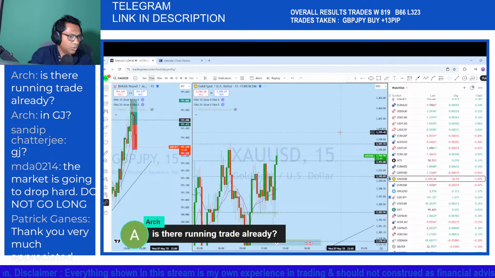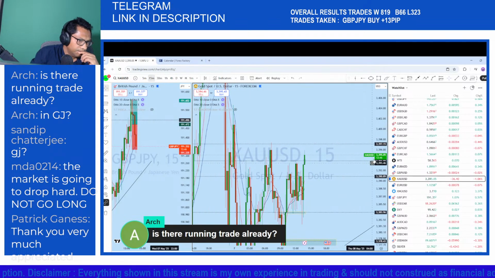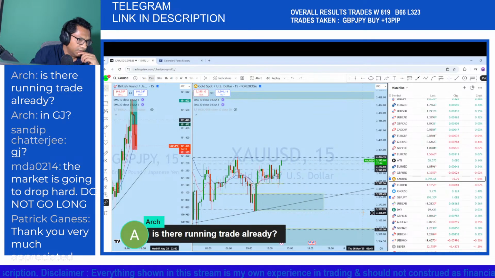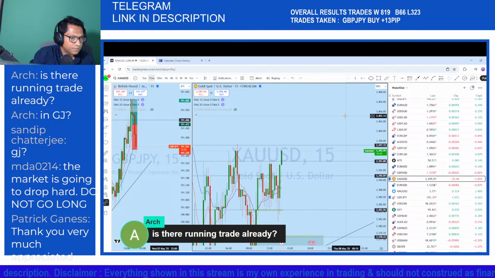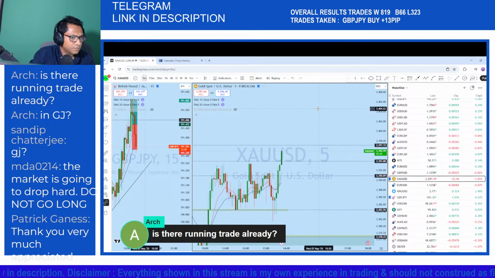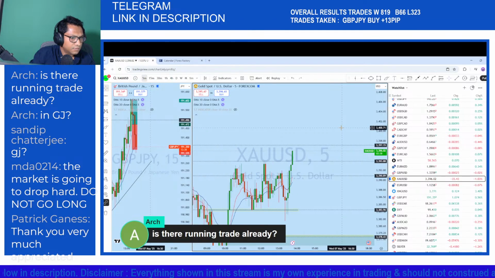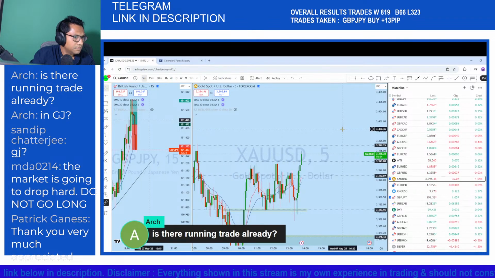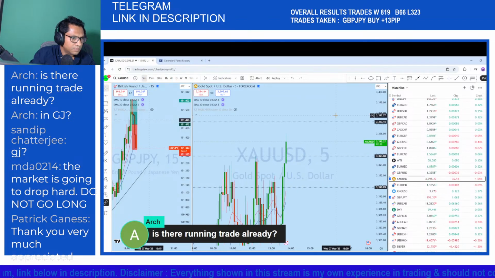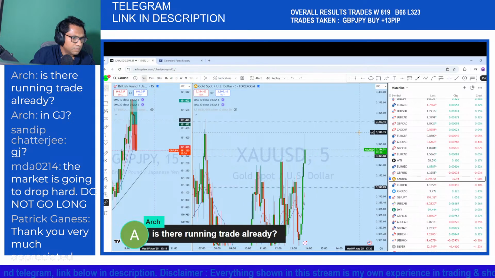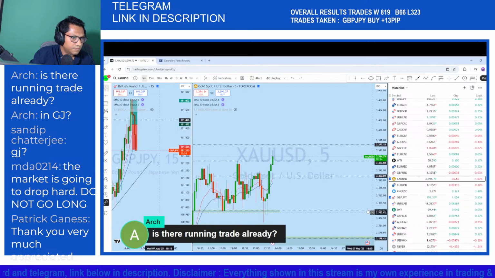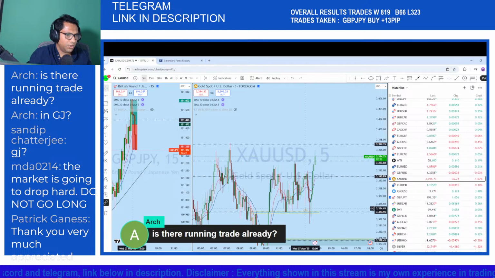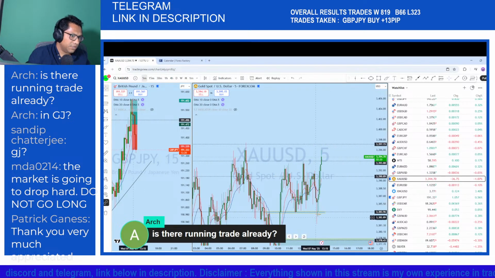This is the zone where it is having the trend. So we have seen one impulse from this support.